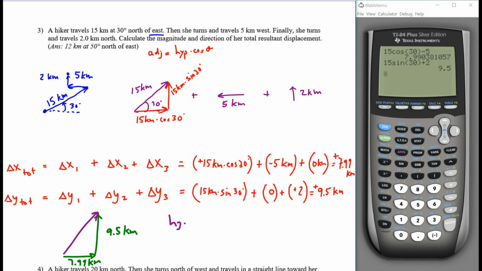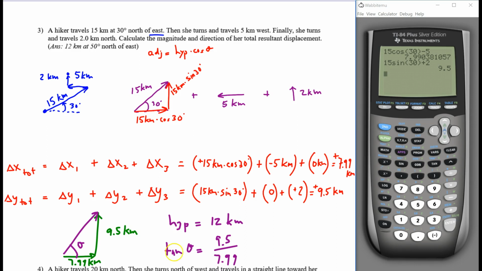So we can use the Pythagorean theorem to get the hypotenuse, and I believe this comes out to 12. A squared plus b squared equals c squared. And we can use tan of theta equals opposite over adjacent, 9.5 over 7.99.